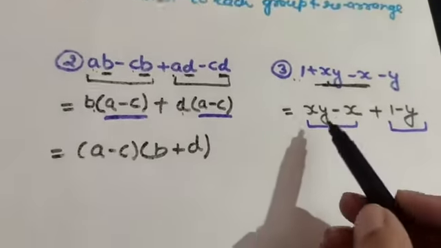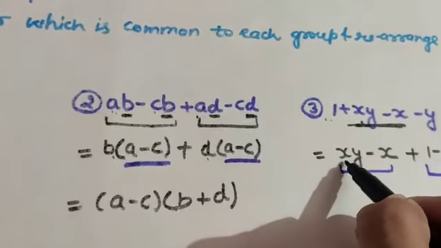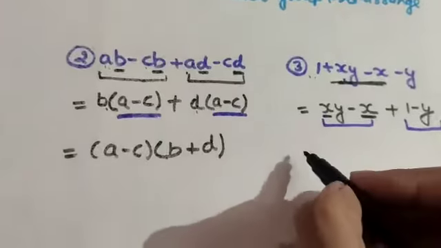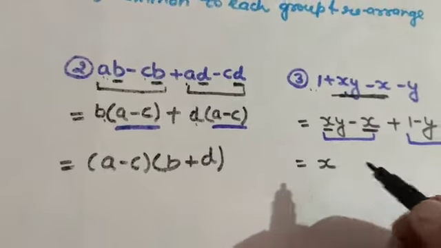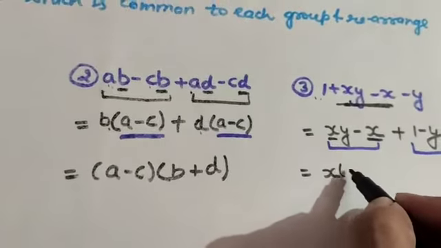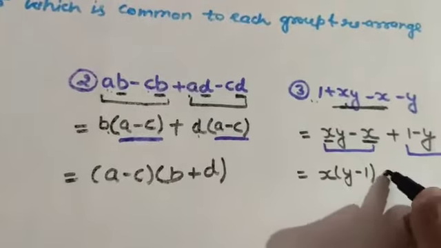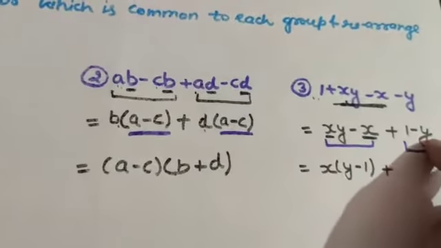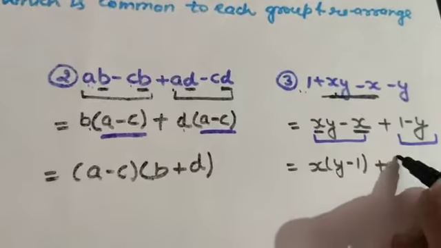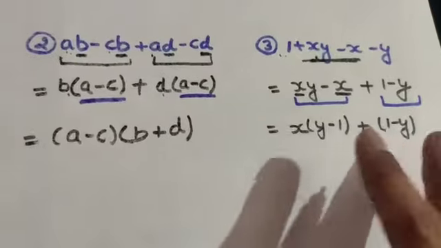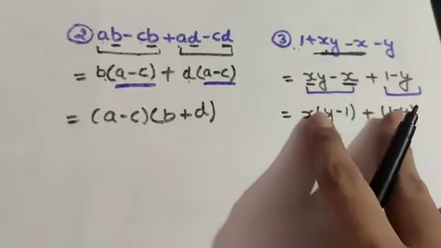Now factorize each group. From this group we can take out x as common. When x is taken out, it will be y minus 1. Now what is the second group? It's 1 minus y. We can't take anything as common, so we will write it down as it is. Now we have factorized both groups.